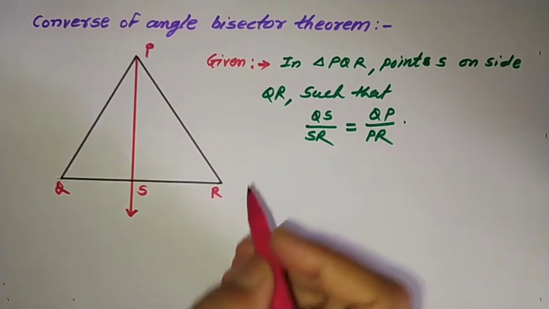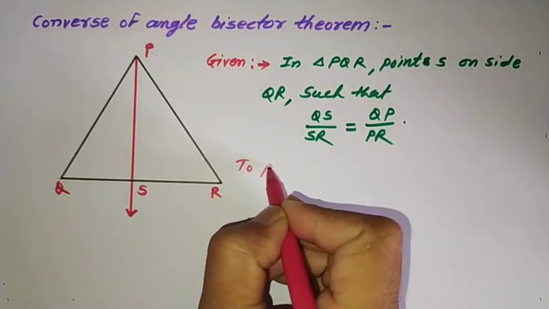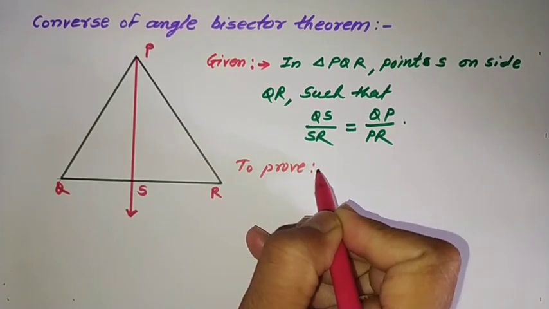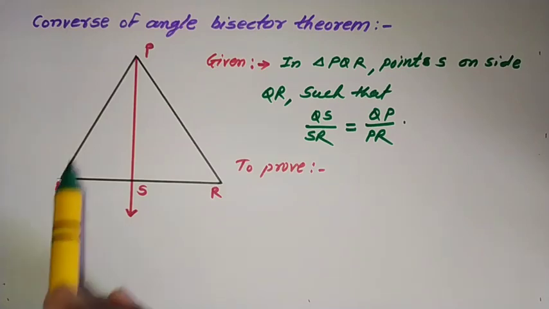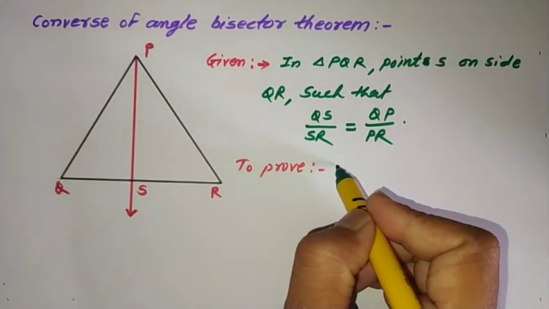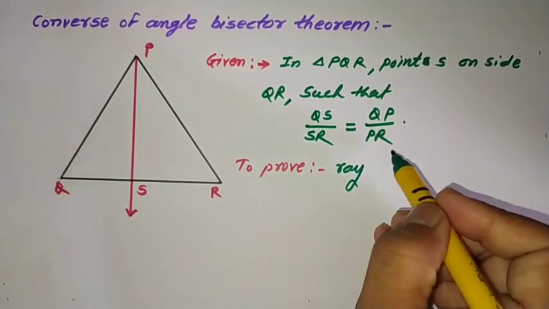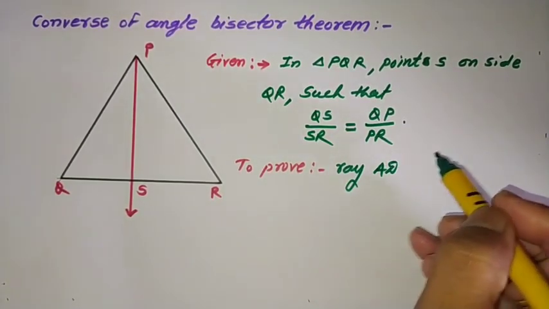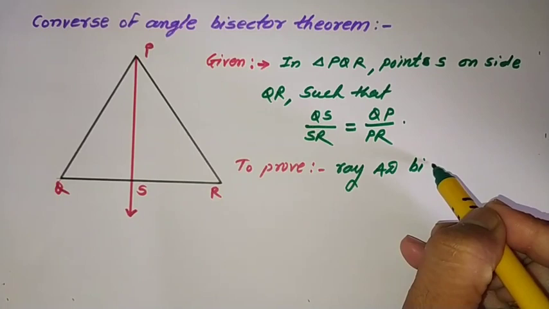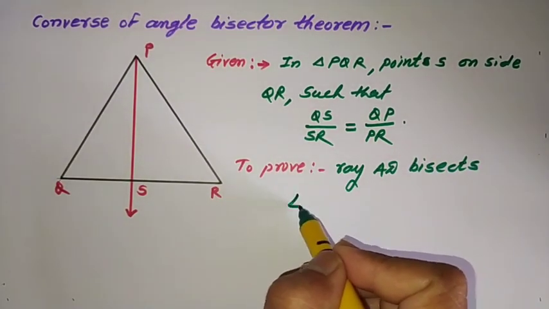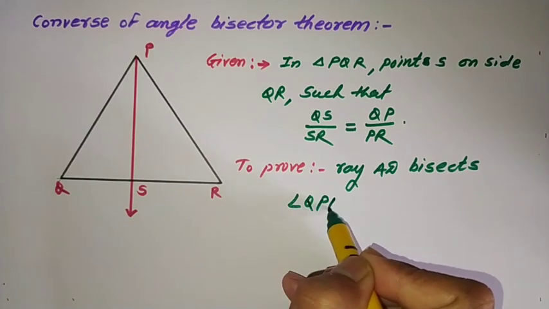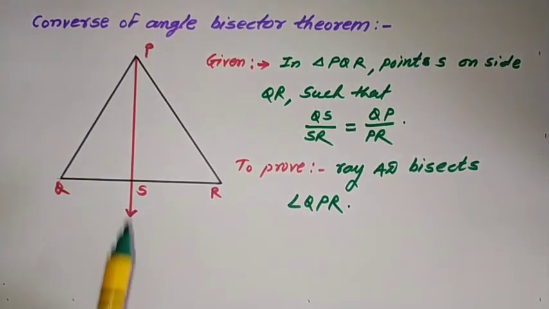To prove: ray PS bisects angle QPR. This is the converse of the angle bisector theorem.